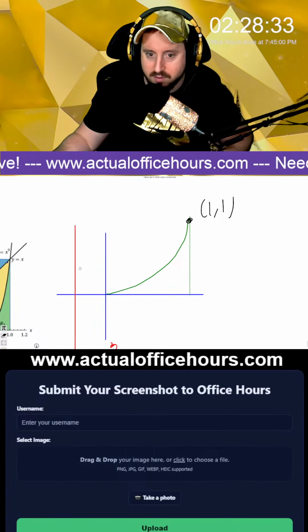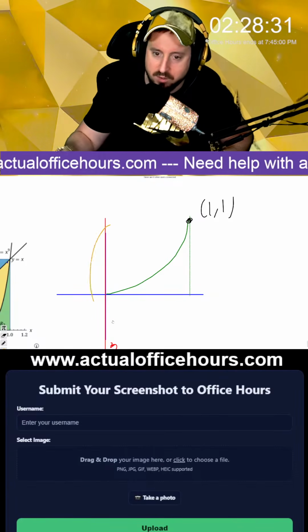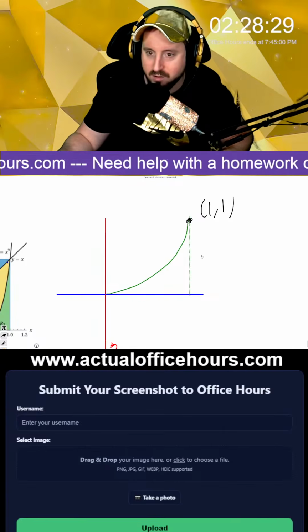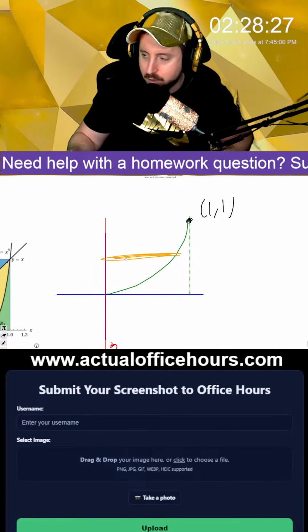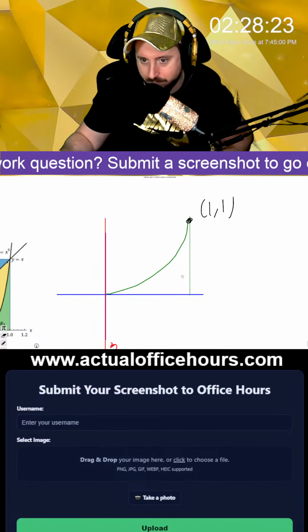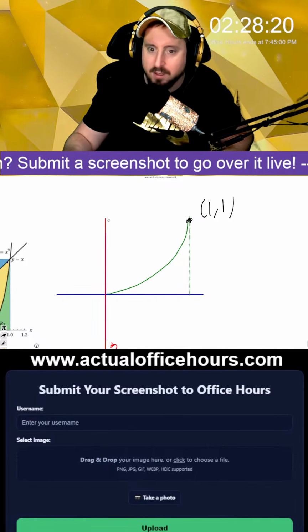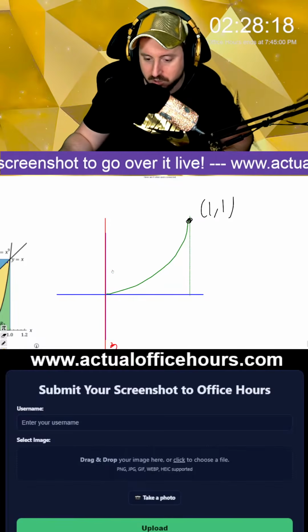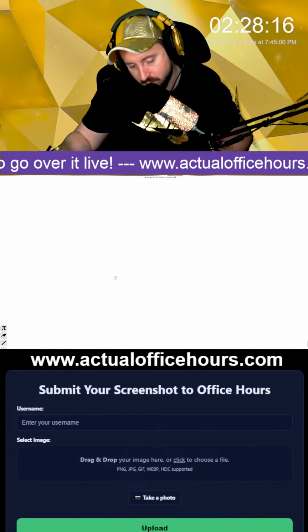In this case, because the axis of rotation is on one of the axes, whatever the x value of the function is, that's measured from your axis of rotation.